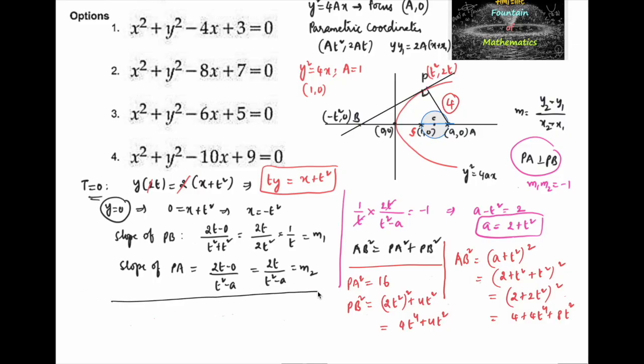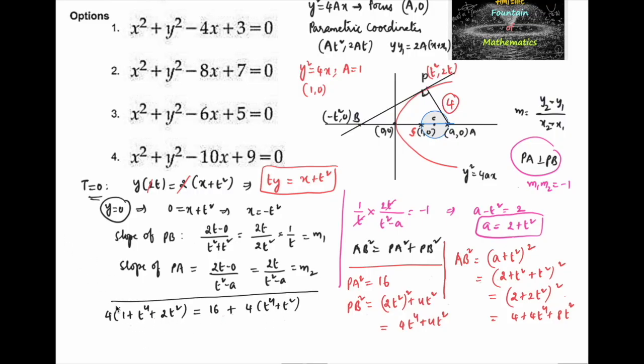And hence we can use the relation AB square, that is 4 if I take common, 4 times of 1 plus t power 4 plus 2t square, which is equal to PA square, that is 16 plus 4 times of, here also 4 I can take common, 4 times of t power 4 plus t square.